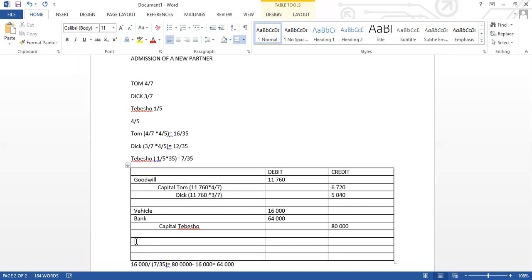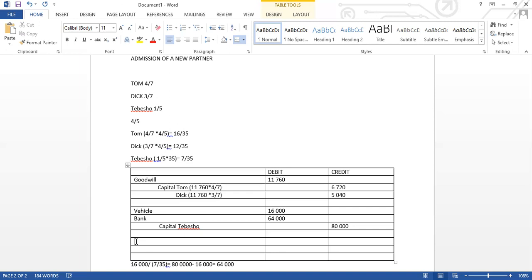Okay, why are we distributing it among the new partnership? Because the ratio would include the sharing ratio of Tebesho. I think the transaction says after the admission of Tebesho, the revaluation of 55,400.